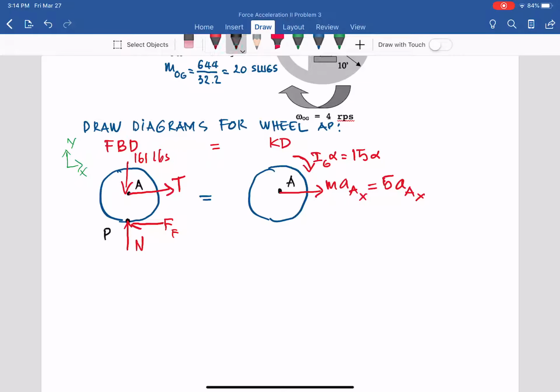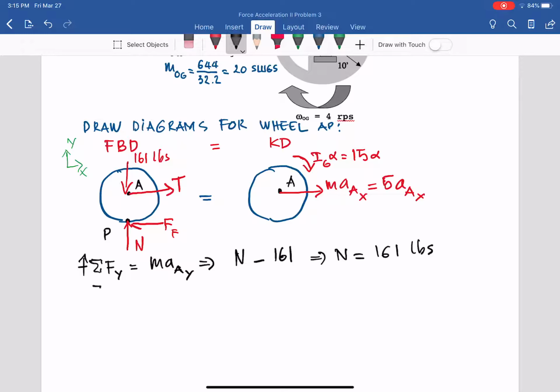Let's start with the sum of all the forces in the y direction to find the normal force, equal to m a_y. From that we have the normal force minus the weight of 161, so N equals 161 pounds. That is the y component.